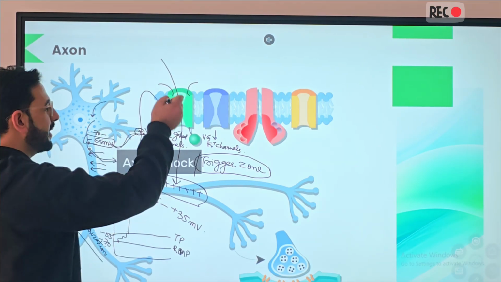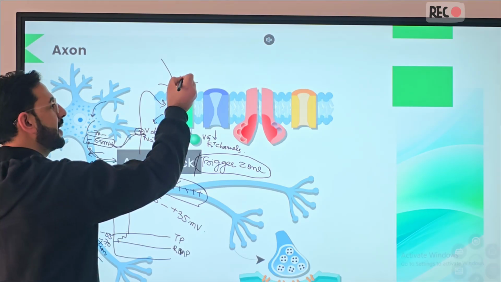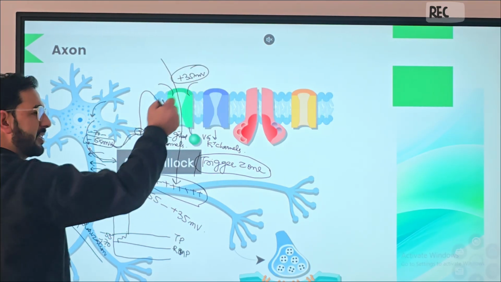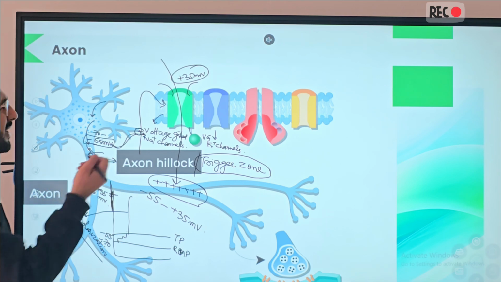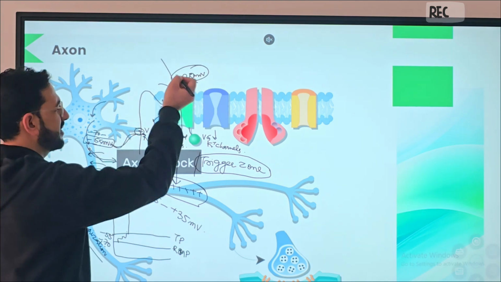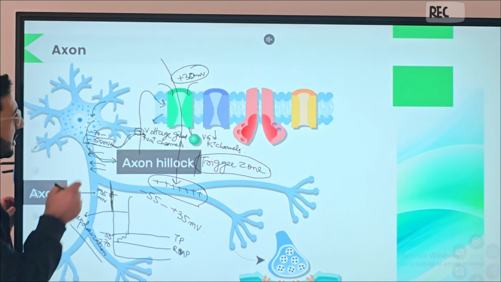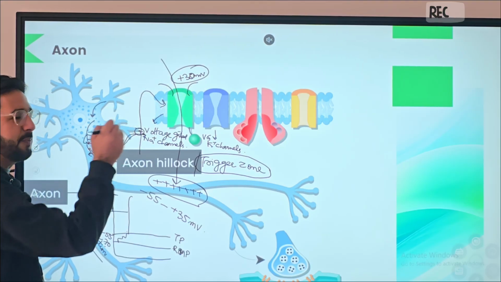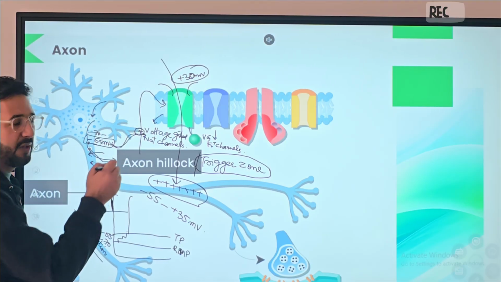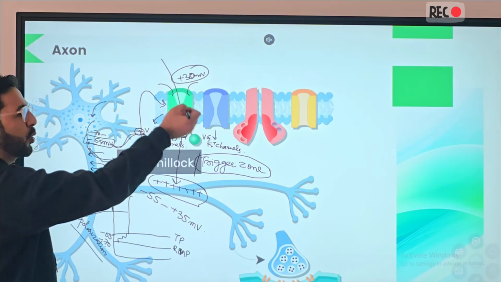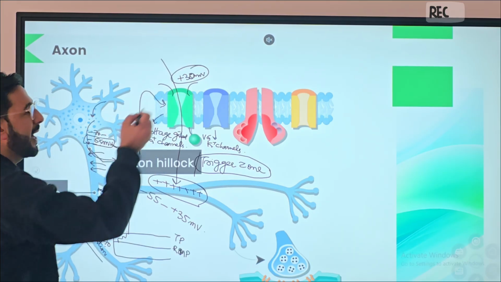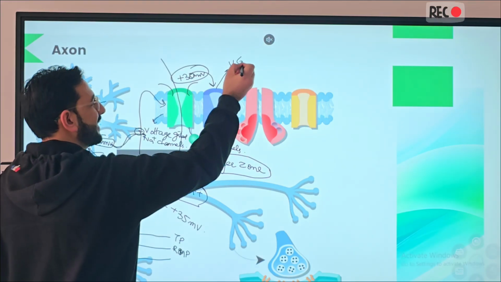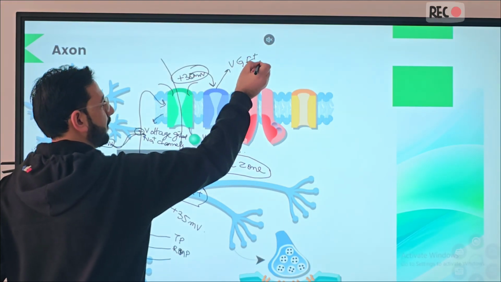Now, once the voltage reaches +35 millivolts, these channels will close. This is usually +30 or +35 millivolts. So once the voltage reaches +30 millivolts, these voltage gated sodium channels will close, and this will open another channel, the voltage gated potassium channel.